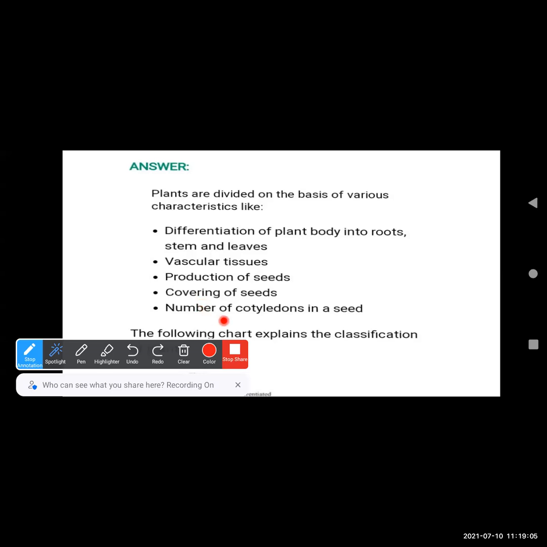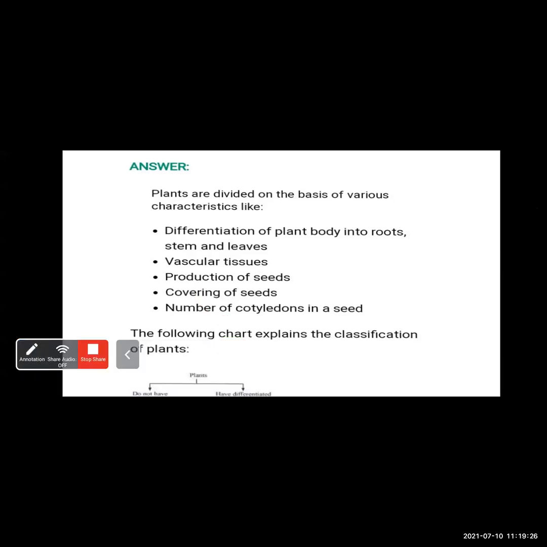Then number of cotyledons in a seed. So depending on these criteria, the plant kingdom has been classified, right? So how many are there? 5 criteria. And also you have to explain them with reasons. So the chart you have to draw. I'll show you the whole answer.